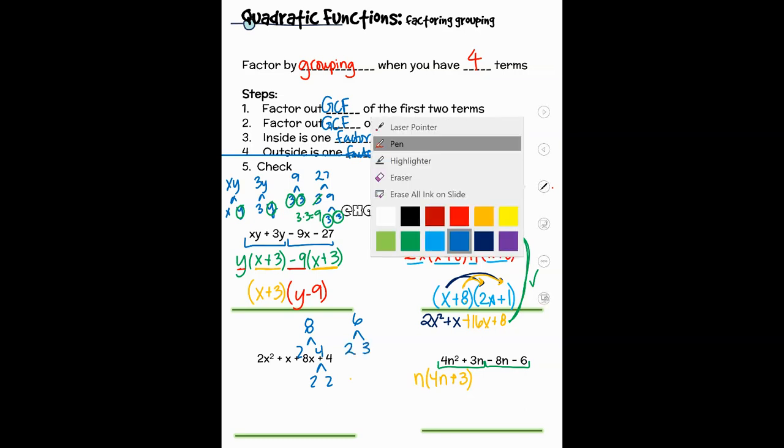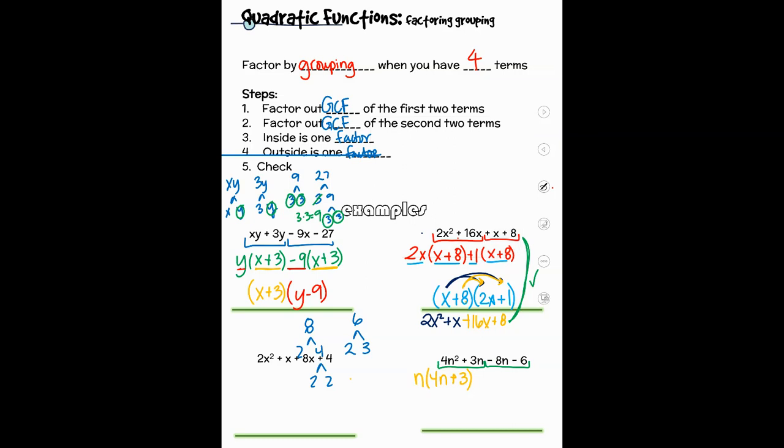Let's see what we have in common. We've got this 2 here that matches up with this 2. We've got a 2 over here that doesn't match up with anything else. 2 doesn't match up, 3 doesn't match up. So our greatest common factor we're pulling out is a 2. Because this number is negative, I'm going to pull out a negative 2.